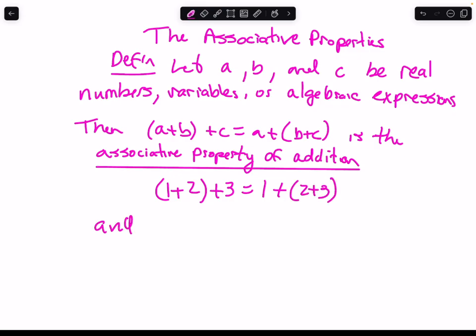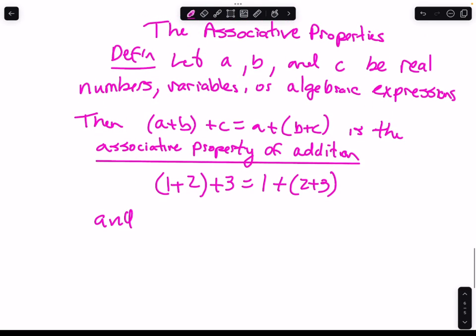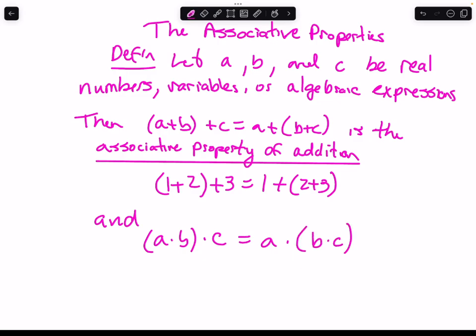And A times B, that quantity times C, is the same as A times the quantity B times C, which is the associative property of multiplication.